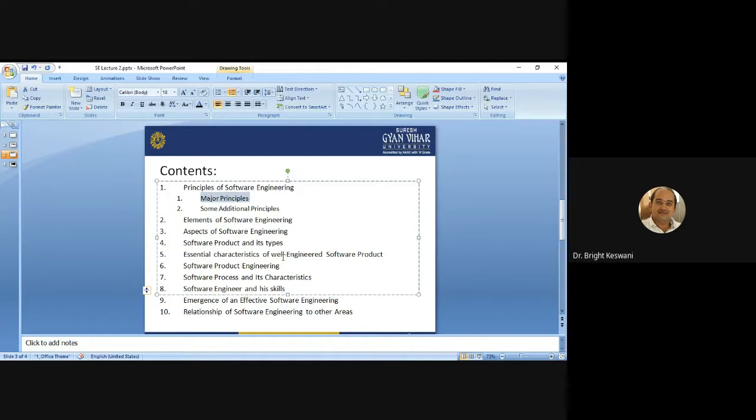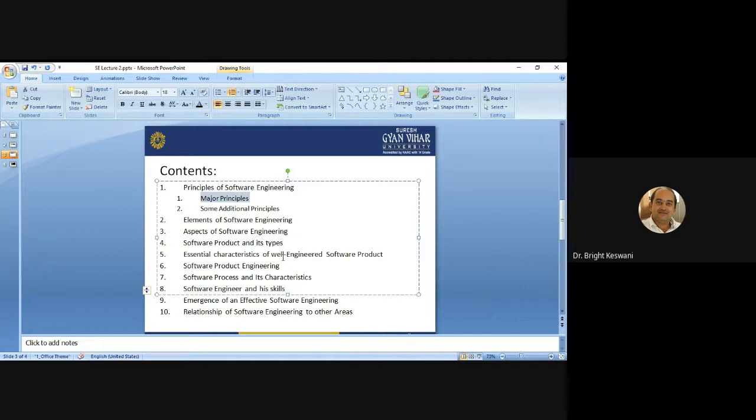These major principles of software engineering were suggested by Davis in 1994, and he suggested the 15 most important principles that he called the major principles. The first principle is make quality number one priority. Second is high quality software is possible; you can establish that development of high quality software is possible.